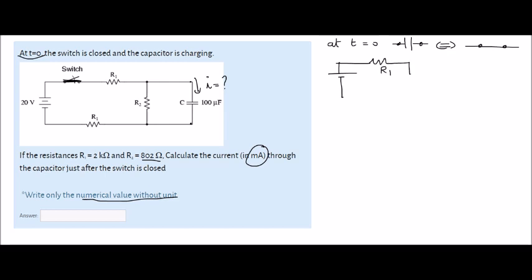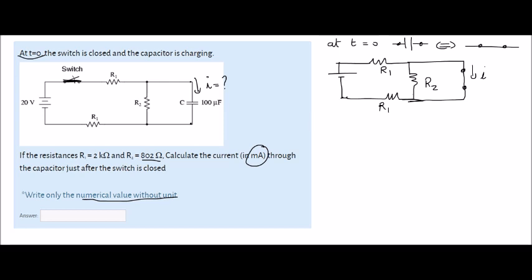Say like this. R1, R2, R1, and we draw something like that, a wire. All right, what is the current here? Well, you need to think about it.